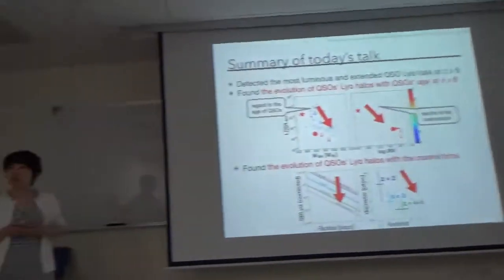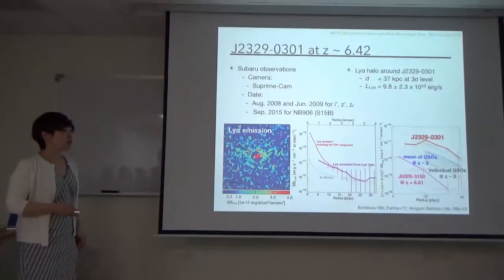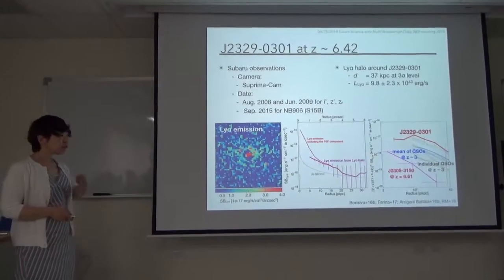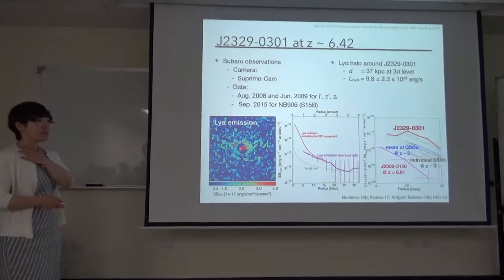Could you go back to the early slide where you showed the surface brightness profile of the quasar halo compared to some other halos? It's an early slide. One thing I don't quite understand is this: the halo goes down to about several times 10 to the minus 18 at tens of kiloparsecs.